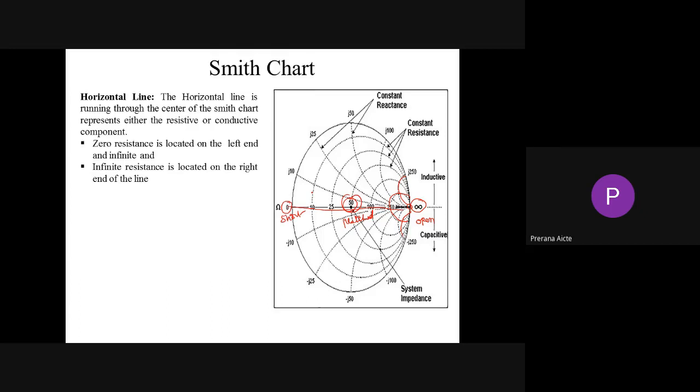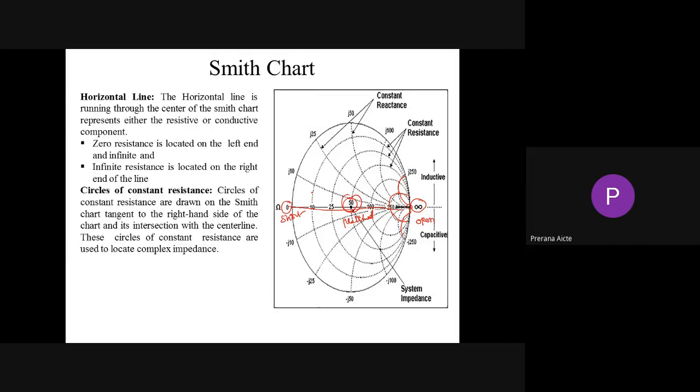Now, the circles of constant resistance. The circles of constant resistance are drawn on the Smith chart tangent to the right hand side, not the left hand side, and then intersecting the center line.